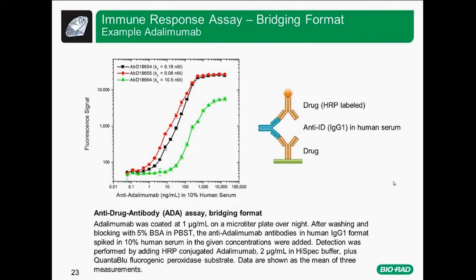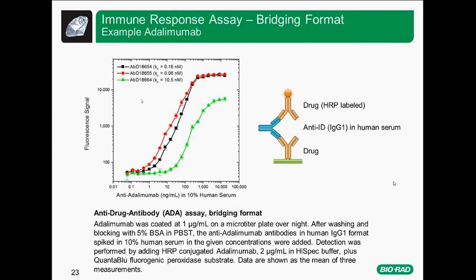The anti-idiotypic antibodies in this assay are titrated in 10% human serum, and we used here 3 anti-idiotypic antibodies with different affinities from 160 picomolar to 10 nanomolar.